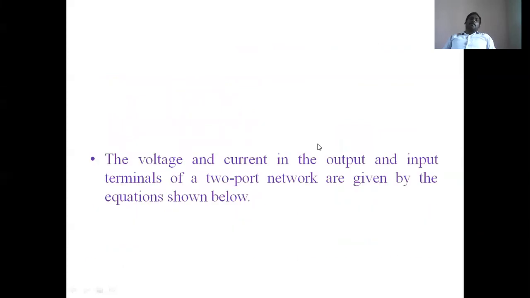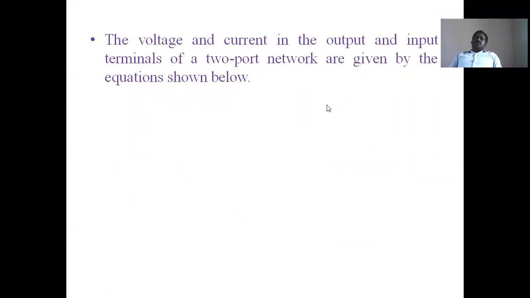To analyze this transmission line or two-port network, this is the procedure. First, the sending end voltage equation and sending end current equation can be written as Vs = A·Vr + B·Ir, and Is = C·Vr + D·Ir.